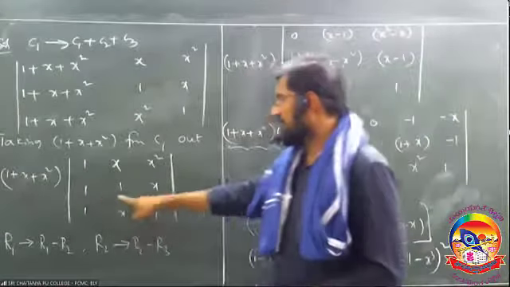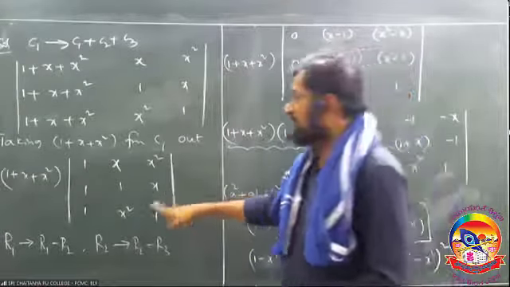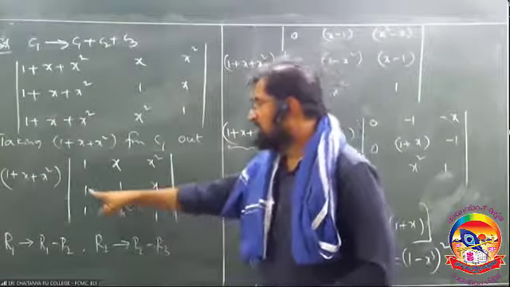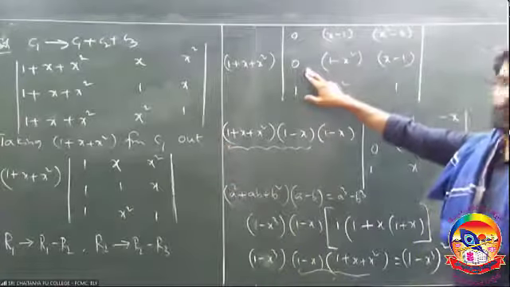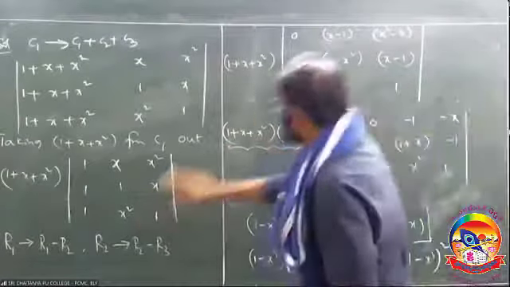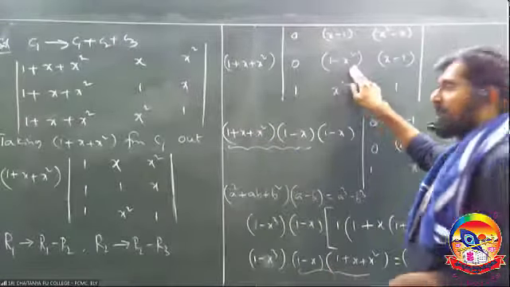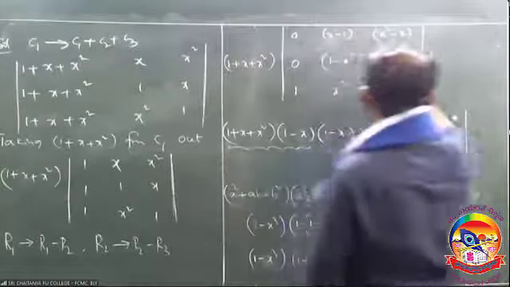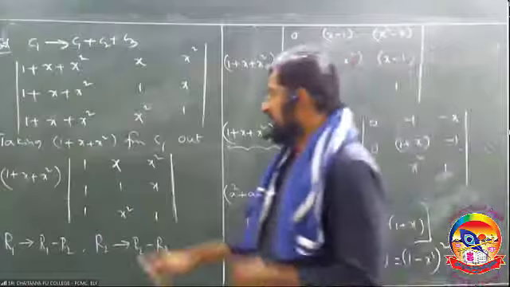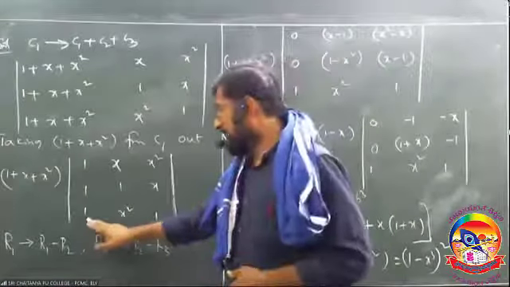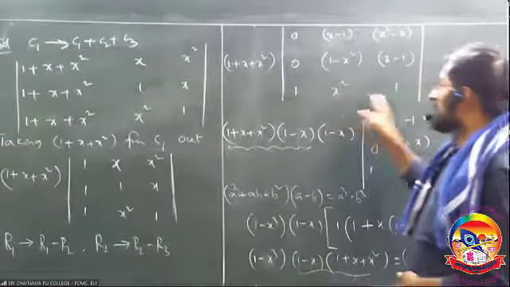Okay. Now, R2 changes to R2 minus R3. This row minus this row. 1 minus 1, 1 minus x square, x minus 1. Am I right? Now, here, third row as it is, like 1, x square, 1.